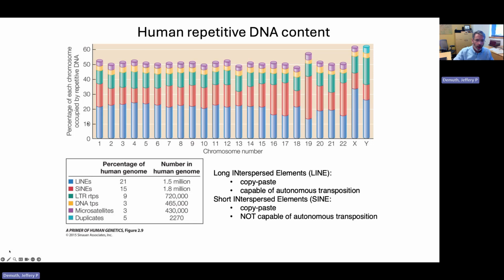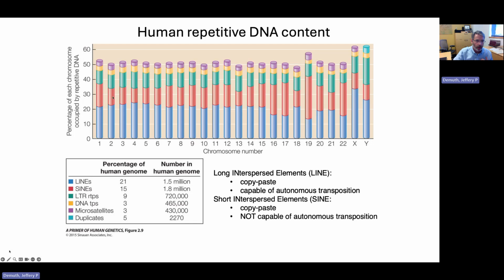If you look across the human genome, the composition in terms of what types of transposons is pretty consistent across the chromosomes, right? You see these proportions are sort of similar. And in human genomes, the three biggest chunks here, the blue, the red, and the green, are all retrotransposons.